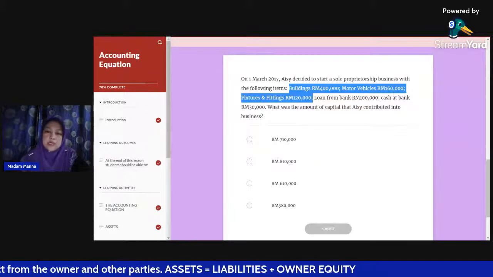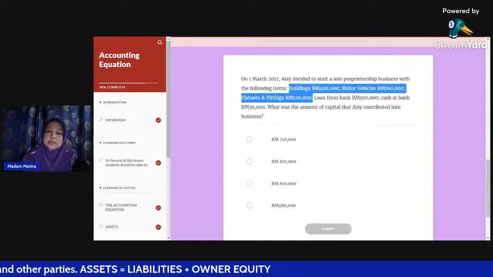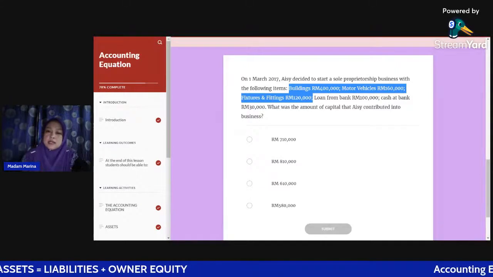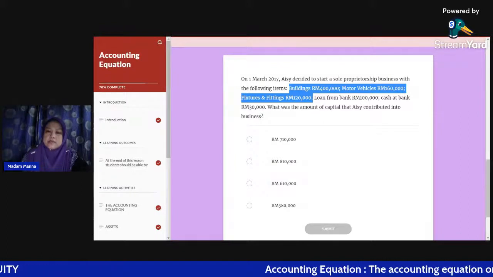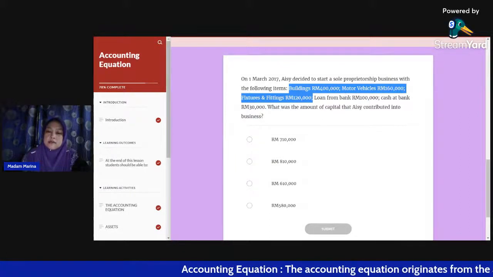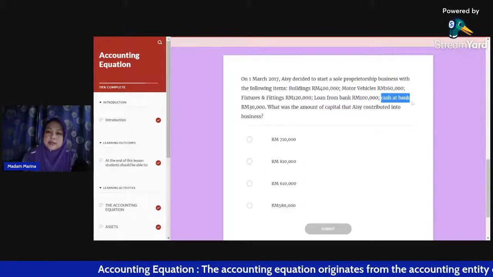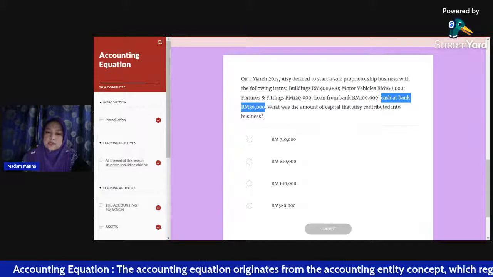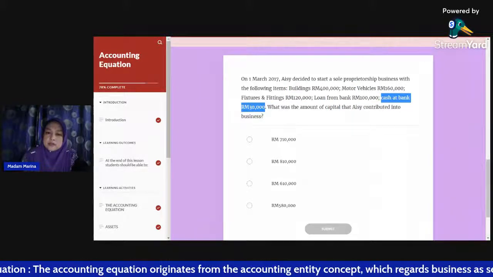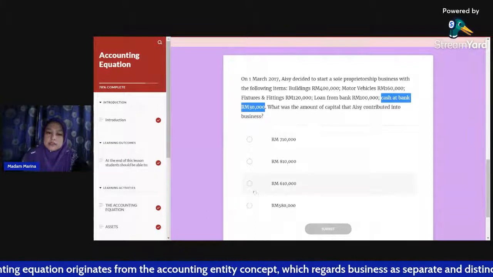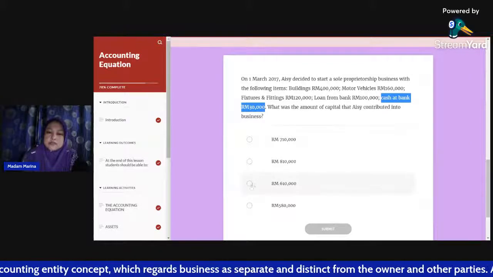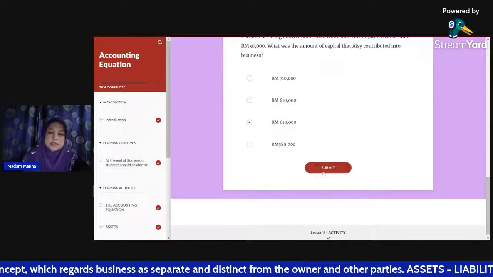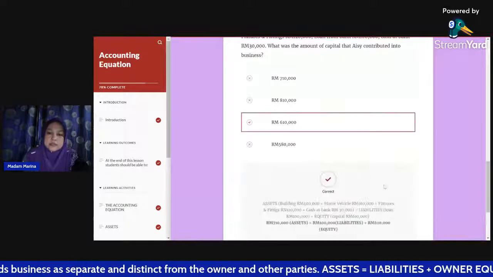So how do we calculate? Total of asset minus total liability. We only have a liability of 100,000. The asset includes cash at bank 30,000, so the total asset is 710,000. Minus 100,000, we get 610,000. Is that correct? Okay, good.